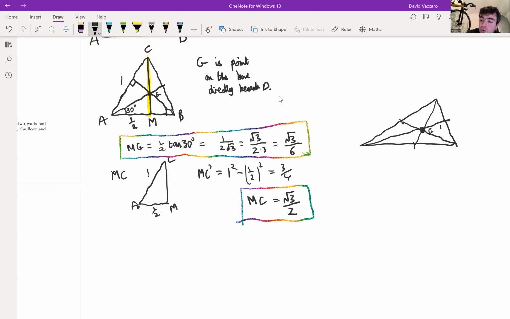The centroid divides each median in the ratio 1 to 2, so 1/3. So it's absolutely no coincidence that MG is 1/3 of MC. So this distance here is √3 over 2 over 6.